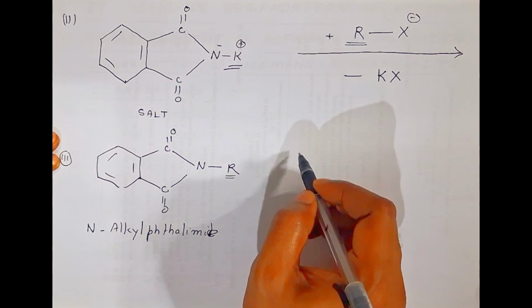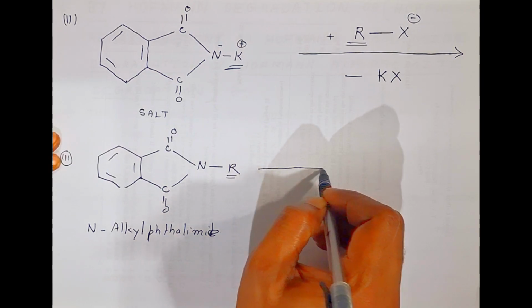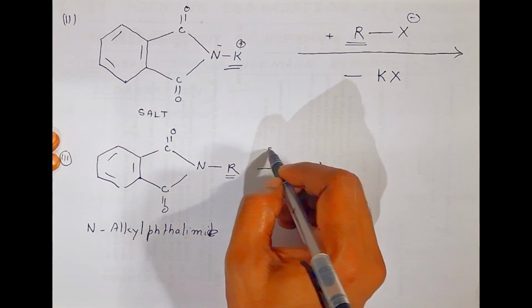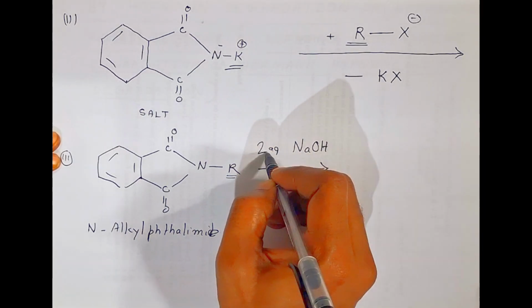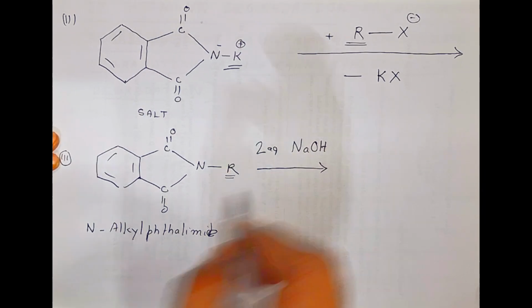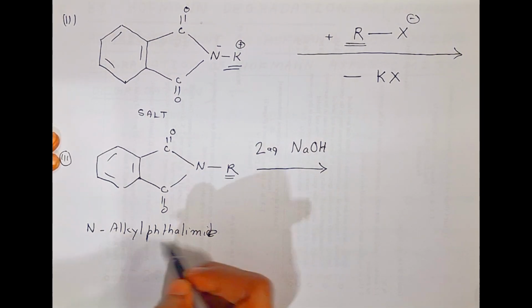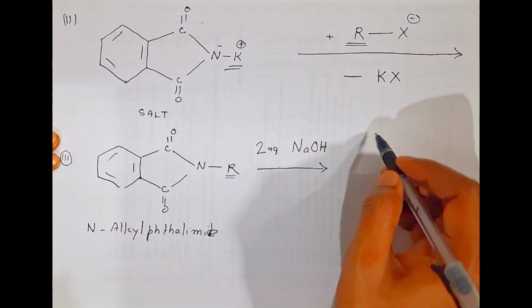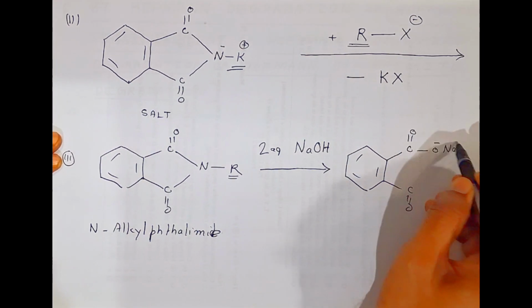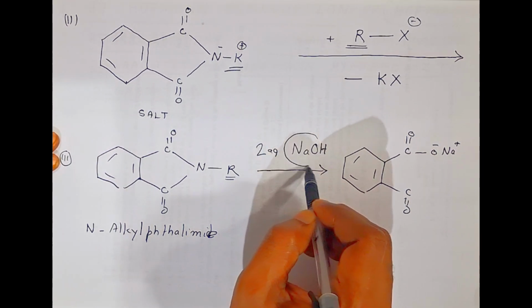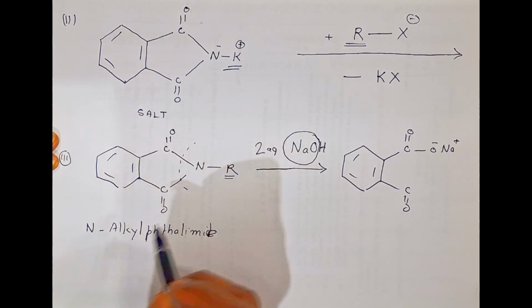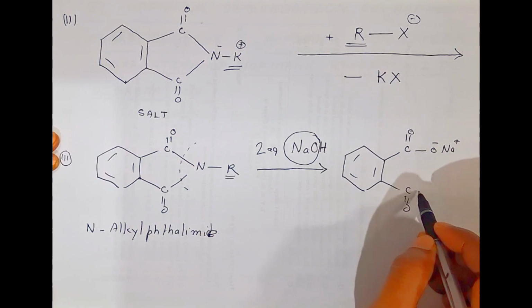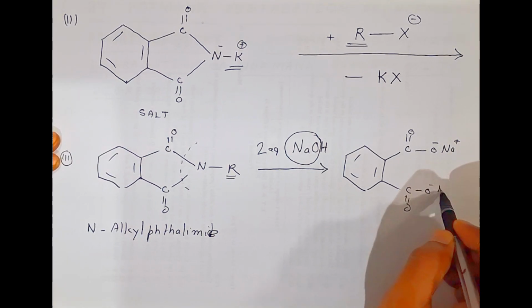Now what happens students to this N-alkyl phthalimide? If you add aqueous NaOH, 2 molecules of aqueous NaOH combine with this N-alkyl phthalimide. This part of NaOH combines, this bond will break students. Now this part will combine, and it will give you the sodium salt of phthalimide.